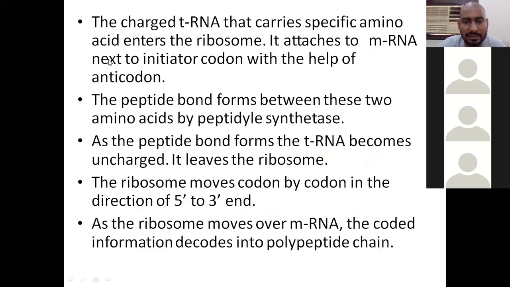During elongation, the charged tRNA, I told you, when the amino acid binds with the tRNA molecule, that is called the charged tRNA. The charged tRNA that carries the specific amino acid enters the ribosome.